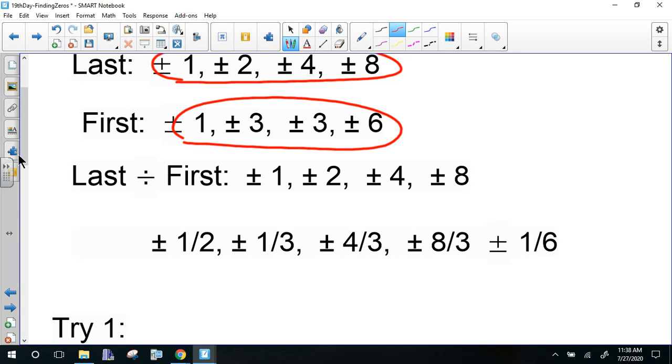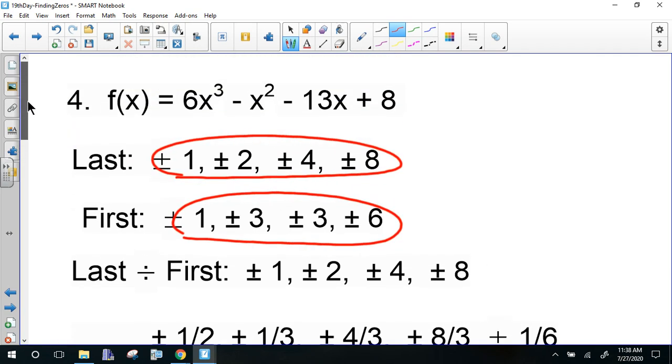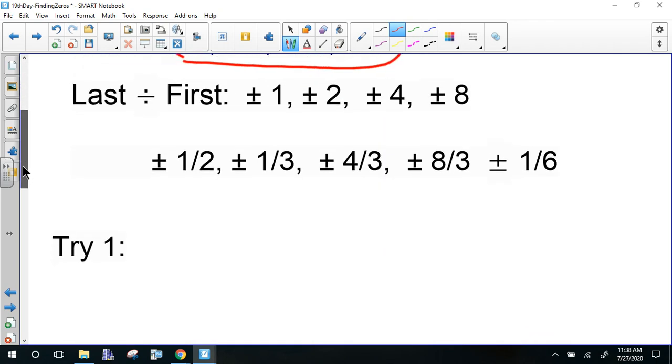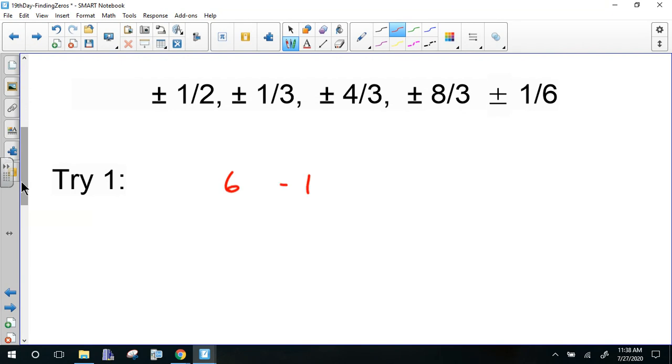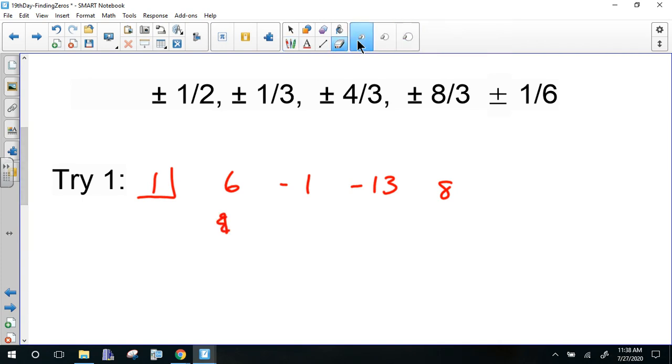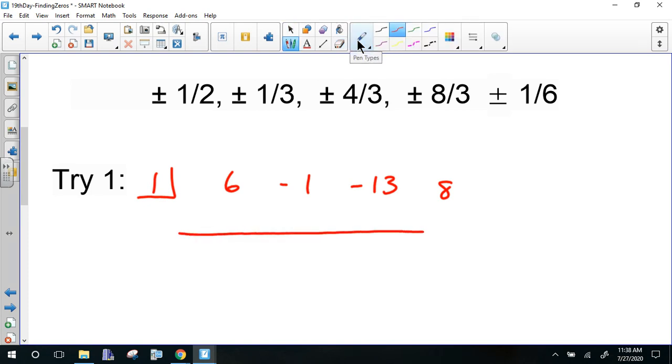This is where you pick up your calculator and you graph the function and find out where it crosses the x-axis and start with that number. I've got 6, negative 1, negative 13, and 8. We're going to start with 1. And we're going to see where that takes us.